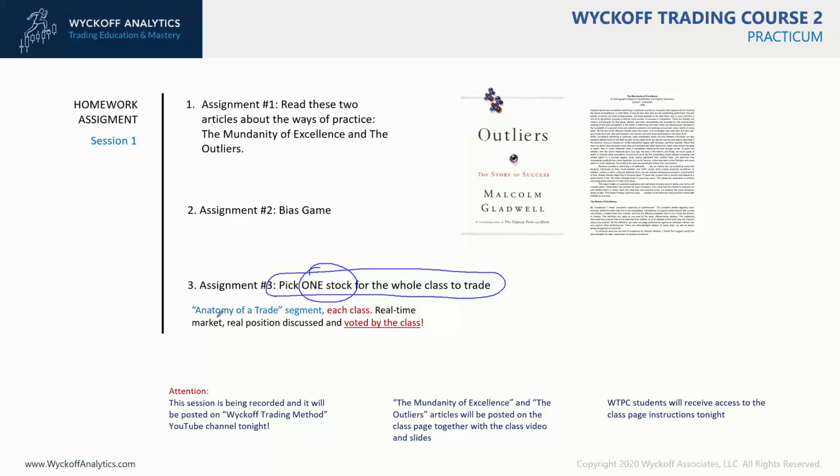This is going to be the anatomy of the trade segment, where in real time from class to class we will be voting as to what to do with the position, how we manage it, and we'll discuss it. So that's always very exciting.